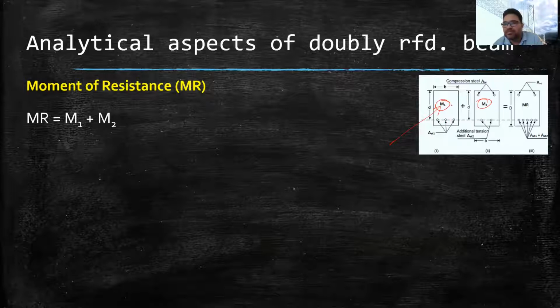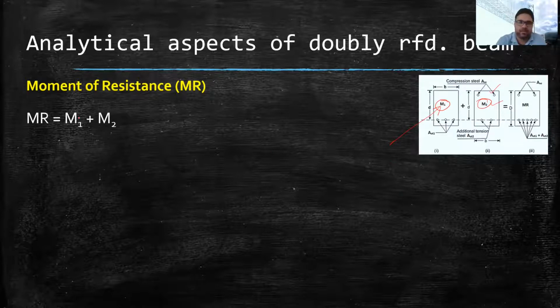And when we add compression steel, then to balance it, we also add some extra tension steel. So that becomes the second model. The moment of resistance due to this second model will be M2, and M1 will be the moment of resistance of the singly reinforced beam as a balanced section.